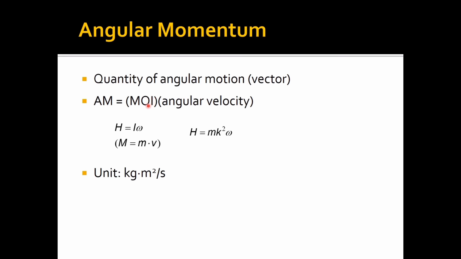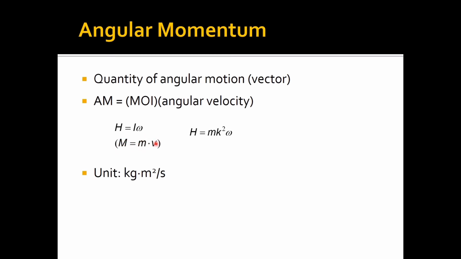Since we are talking about angular momentum, you have to multiply by angular velocity. Here, H means angular momentum, equal to moment of inertia times angular velocity, which is very similar to linear momentum equal to mass times linear velocity.